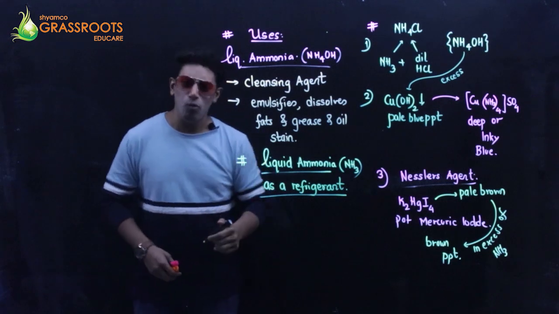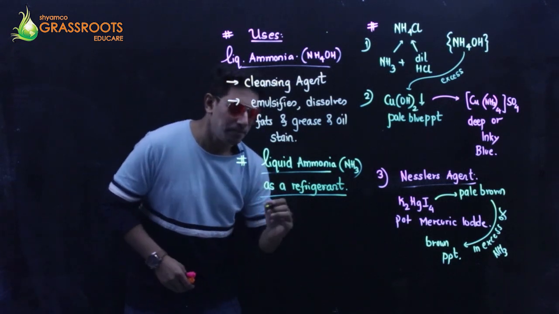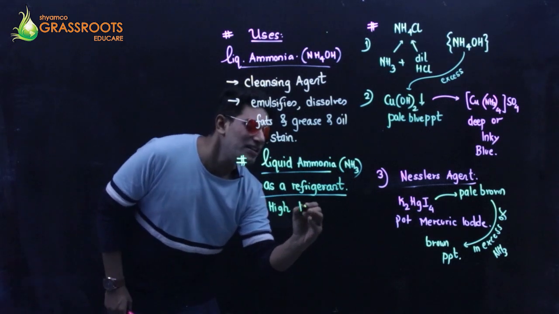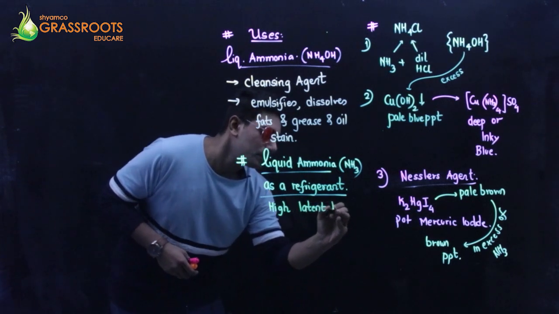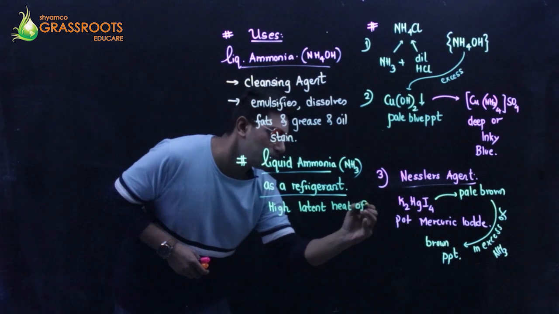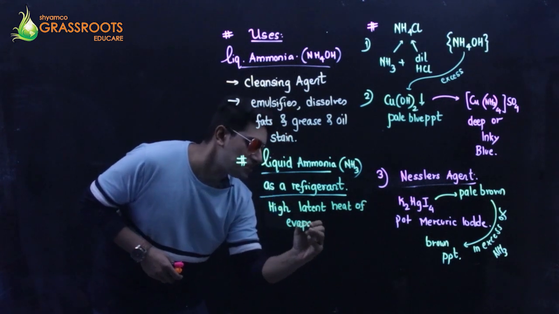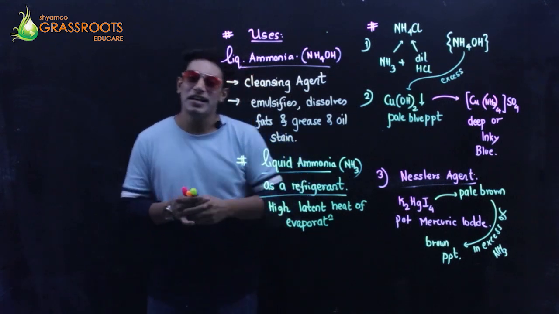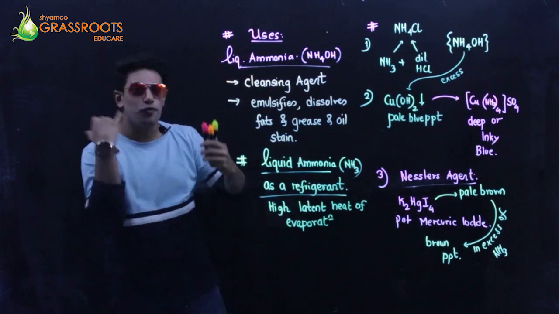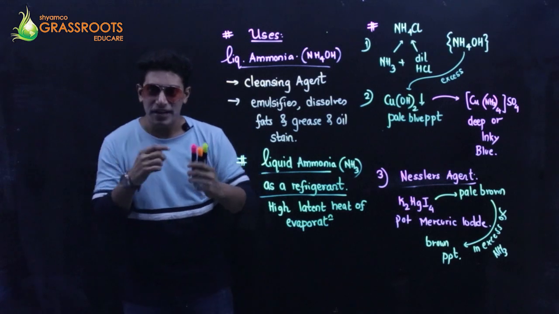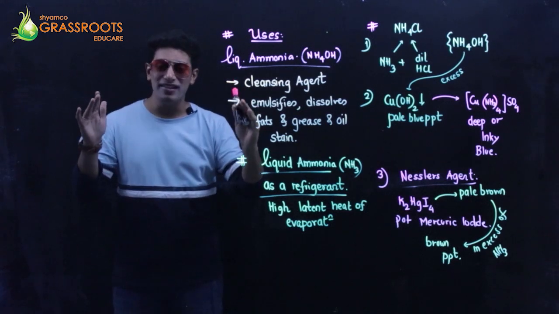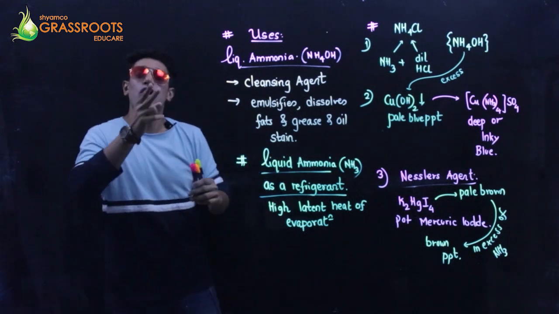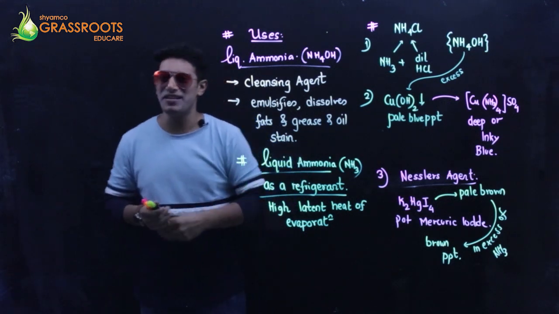Why? Because liquid ammonia has a high latent heat of evaporation. Now, what do you mean by high latent heat of evaporation? It takes a lot of heat from the surroundings. It makes the surroundings cool, and it turns from a liquid to a gaseous form.